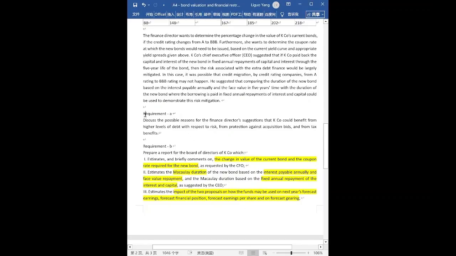It's requirement A. Discussion of the possible reasons for the financial director's suggestion that the company could benefit from the higher level of debt with respect to risk, from protection against acquisition bids, and from tax benefits.